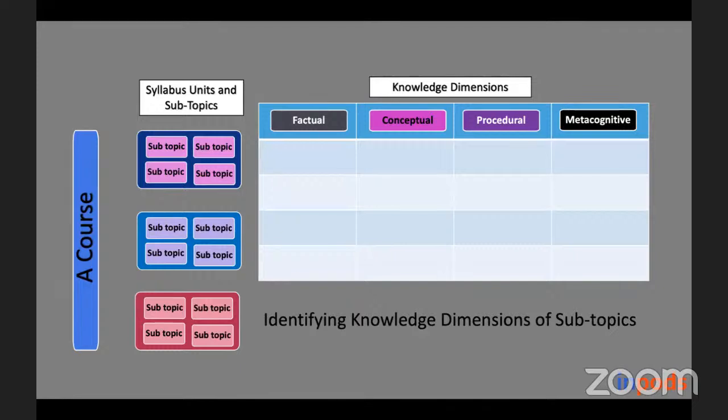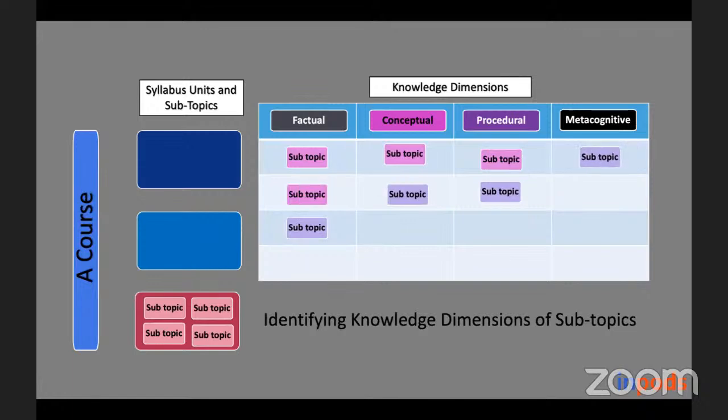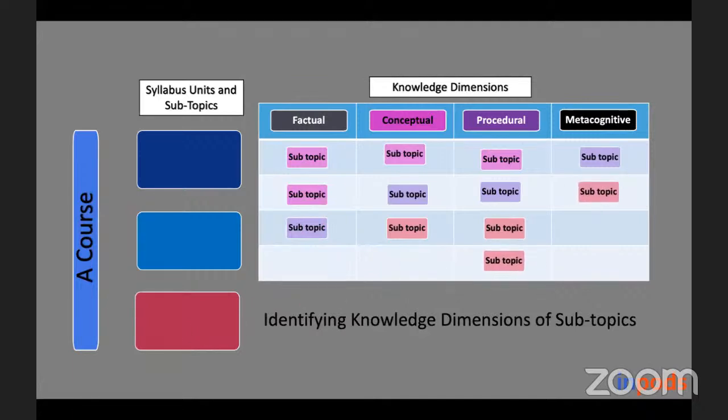So your syllabus subtopics, once you start identifying the knowledge dimensions, may look something like this, and you are going to distribute your subtopics here and there in this chart. It may look like this at the end, right? So I've just taken three units here and distributed the subtopics in this chart.